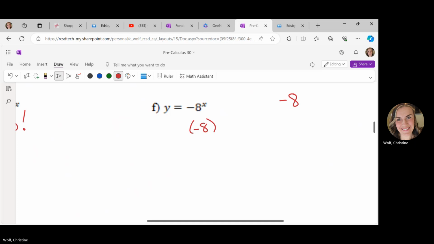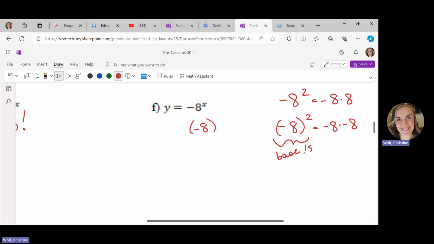This and this are two very different things. This means negative 8 times 8. This means negative 8 times negative 8. One equals negative 64, one equals positive 64. They are very different. So when it's in the brackets like that, the base is negative 8. The negative is included.